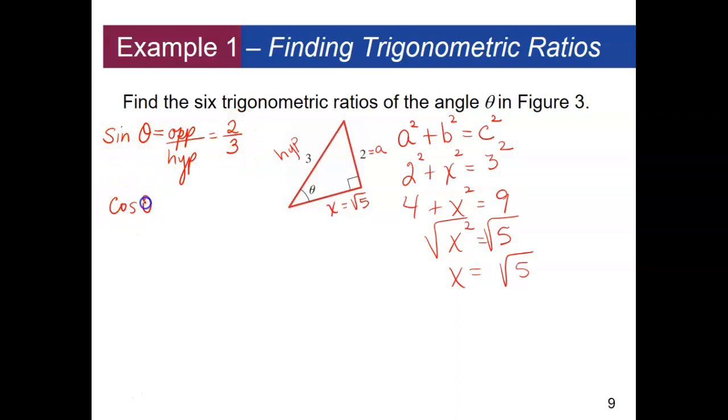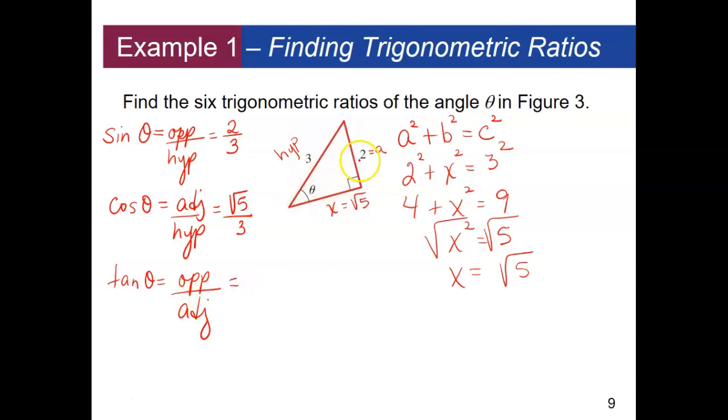If I look at cosine, cosine is adjacent over hypotenuse. So in relation to theta, my adjacent side is the square root of 5, and my hypotenuse is 3. Tangent is opposite over adjacent.